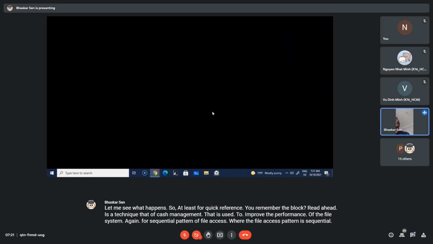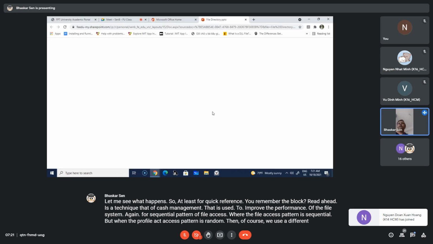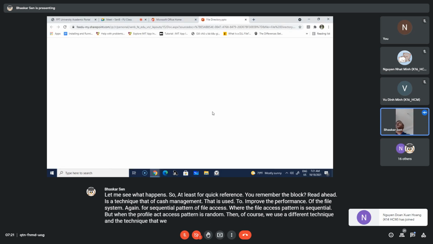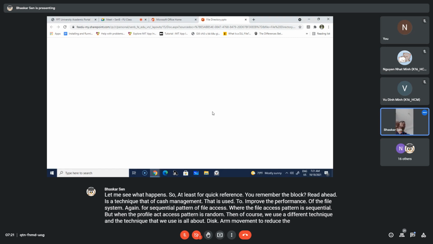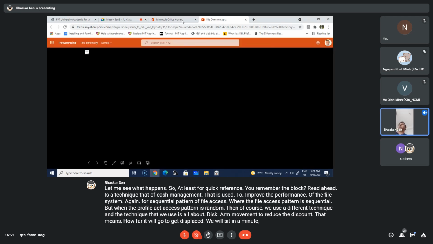But when the file access pattern is random, then of course we use a different technique. The technique that we use is all about reducing the disk arm movement, that means how far it could go to get displaced. We will see it in a minute, probably with another bunch of slides.